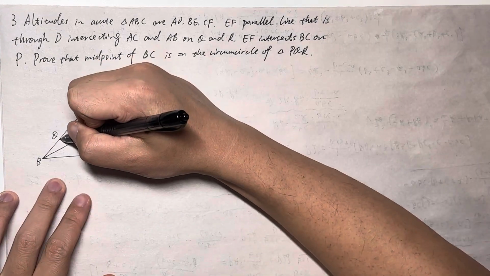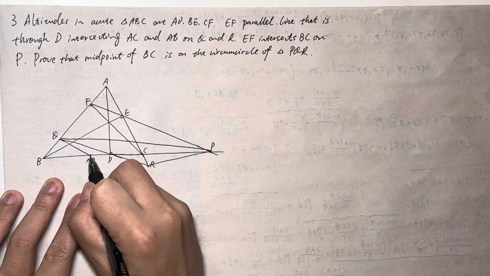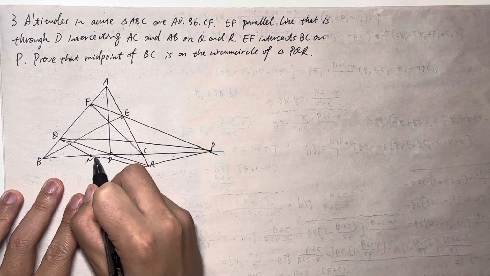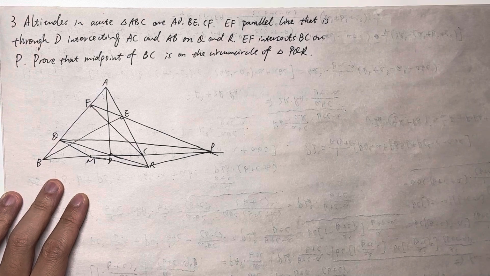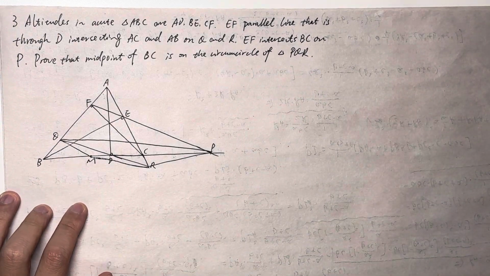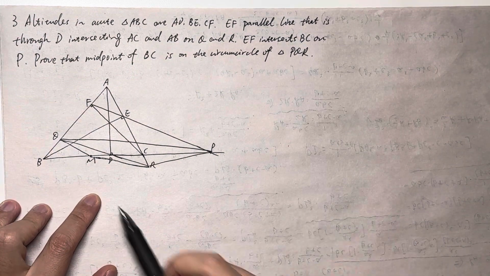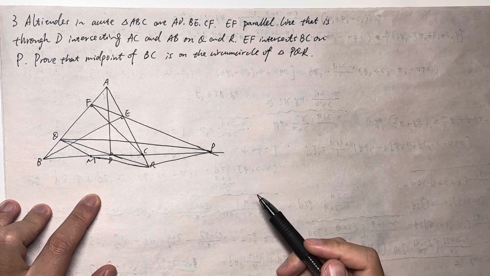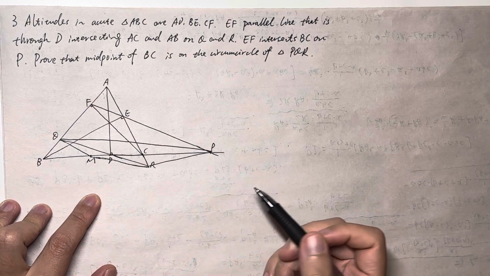So we connect QM, we connect MR. We just need to prove that MRPQ are cyclic. For MRPQ, M is a very easy point, it's just the midpoint of BC.